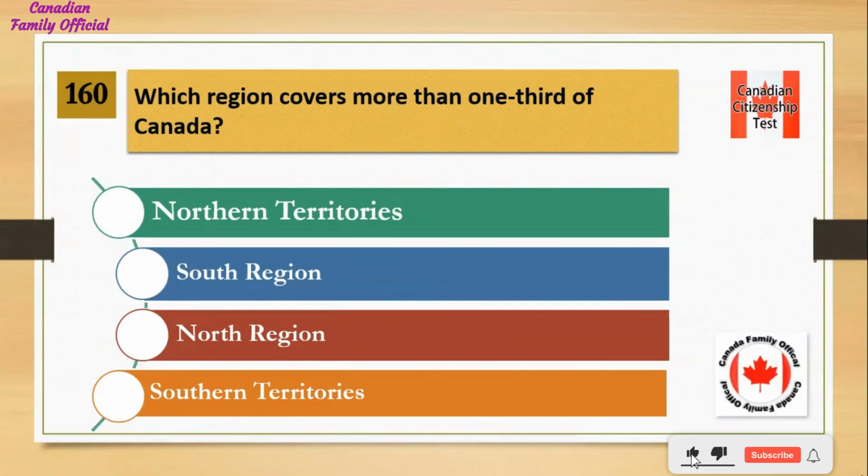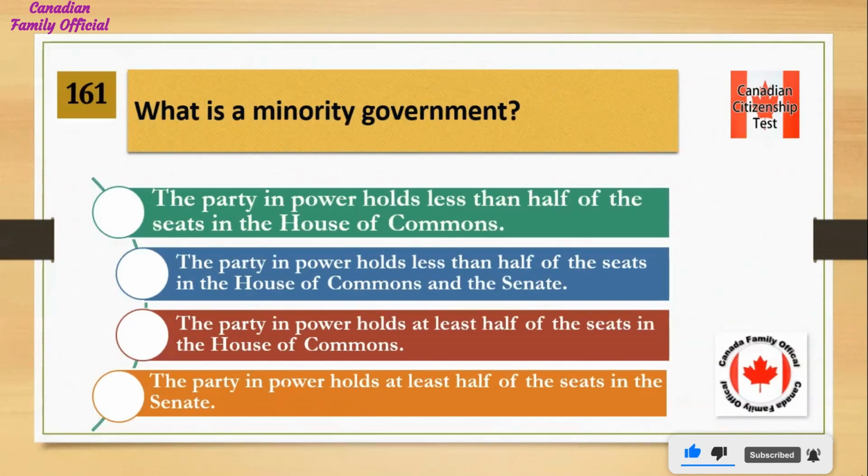Which region covers more than 1/3 of Canada? Number 1 Northern Territories, Number 2 South Region, Number 3 North Region, Number 4 Southern Territories. And the answer is Northern Territories.